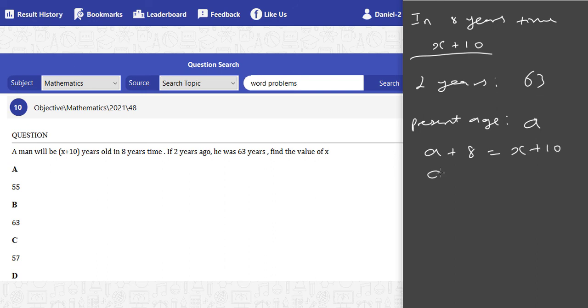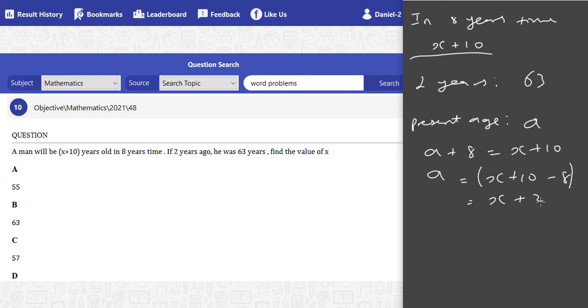Which means his present age, in terms of x plus 10, will be x plus 10 minus 8. So that will be his present age. In other words, since in 8 years time it will be x plus 10, his present age is when you subtract 8 from it, because you have added 8 to his age. So that means his present age is x plus 2.